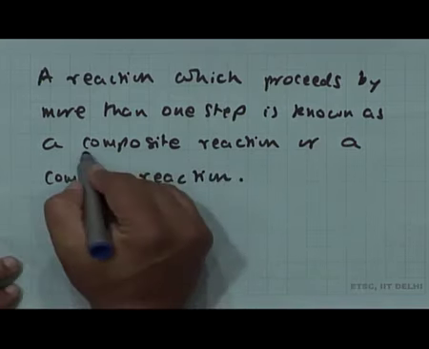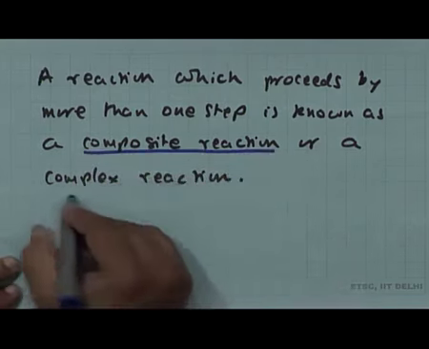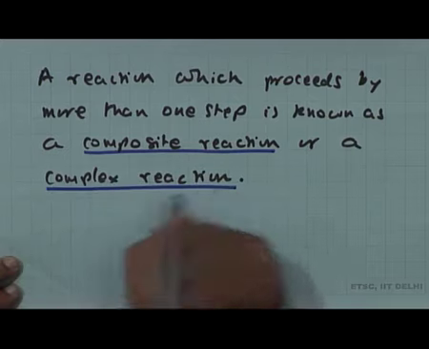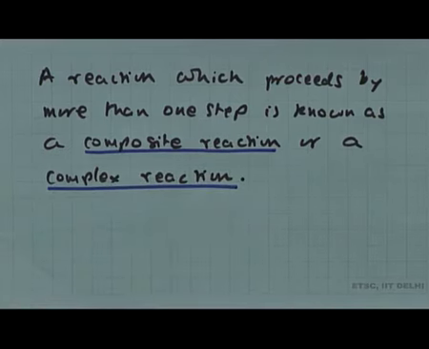Okay. It is known as a composite reaction or a complex reaction, and hence the corresponding reaction mechanism is either referred to as a composite reaction mechanism or a complex mechanism.